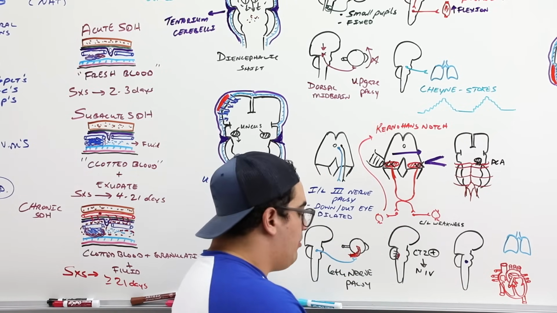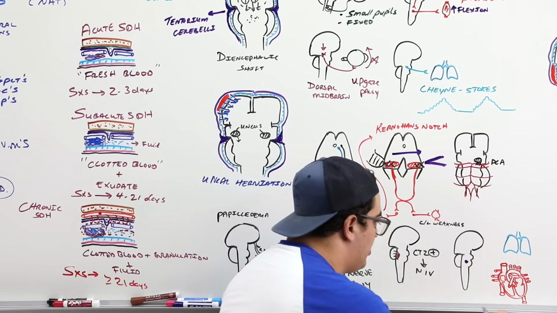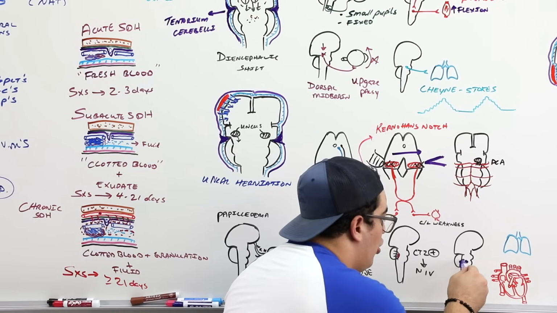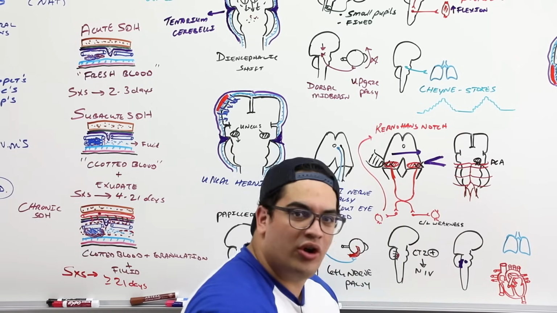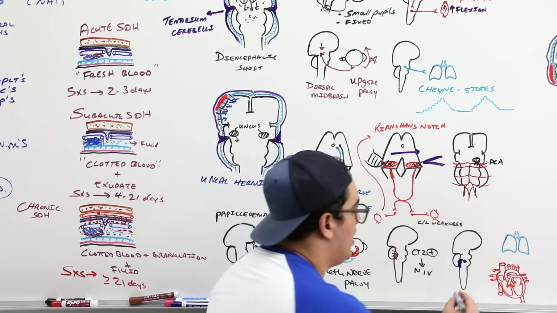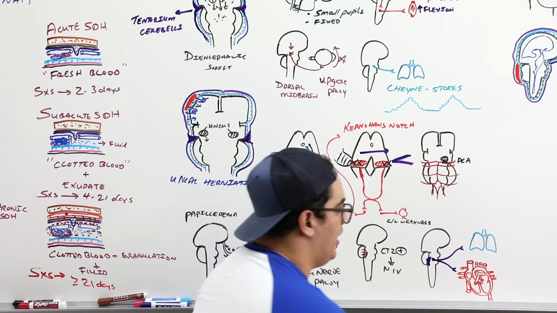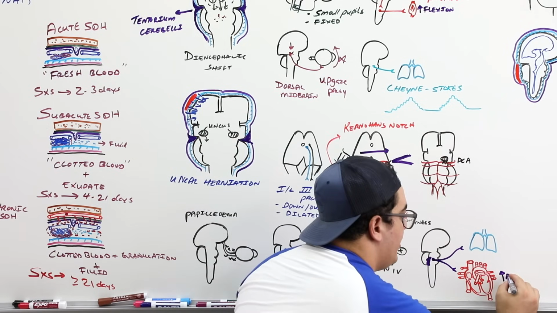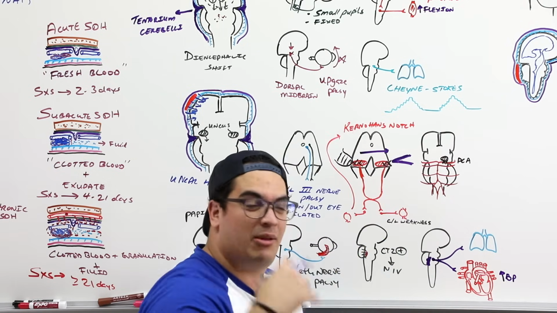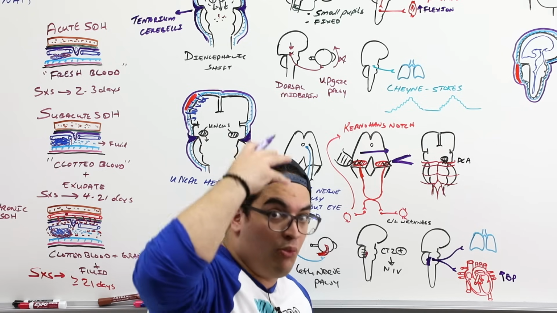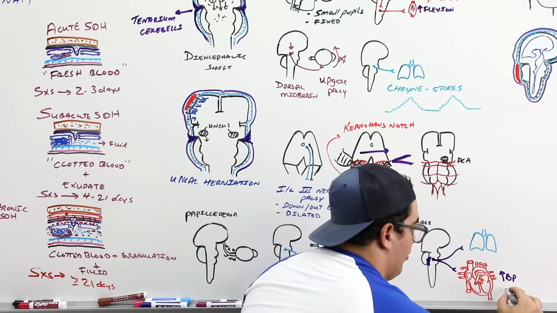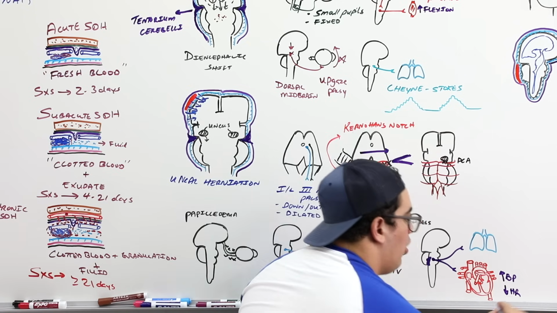The last thing to think about is whenever you compress the brainstem, especially near the medulla, where there are very important cardiovascular and respiratory centers, this can alter the activity of respiration and cardiovascular activity. Particularly, it's going to try to increase your blood pressure to try to perfuse the brain, because there's so much pressure in there, you need more blood flow to perfuse the actual brain tissue, and consequently a lower heart rate.